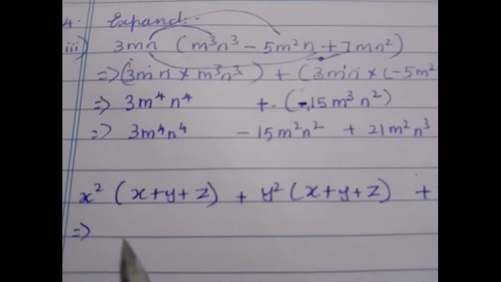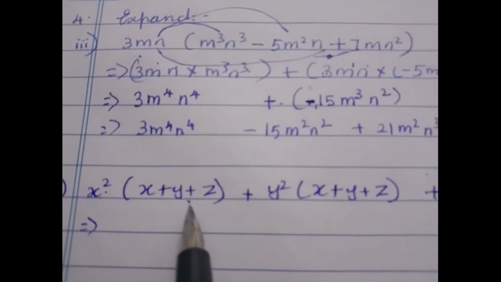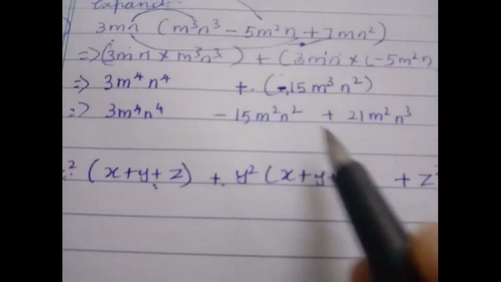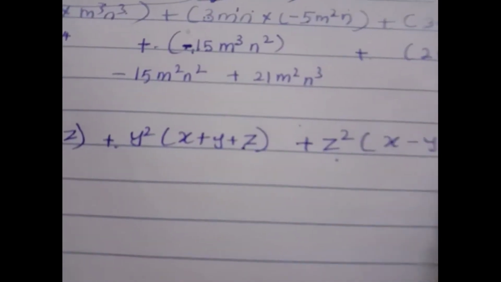Next question is x square with the polynomial, that is monomial with the polynomial, plus monomial, you have to multiply the polynomial, then again monomial with the polynomial.